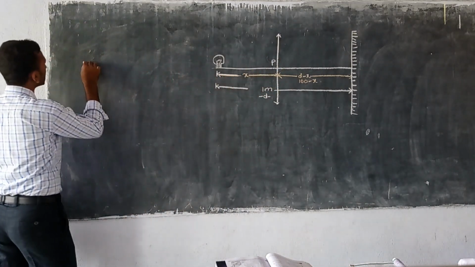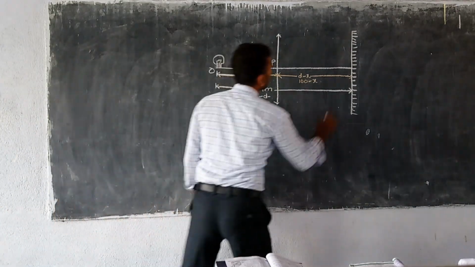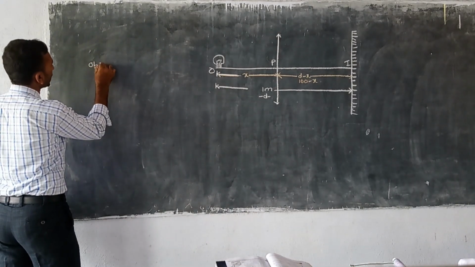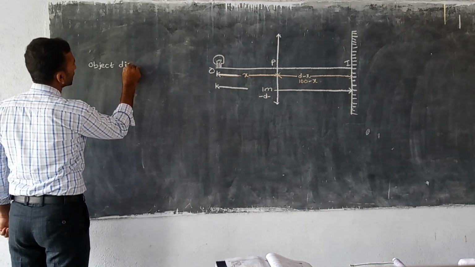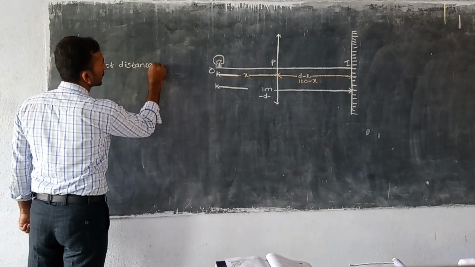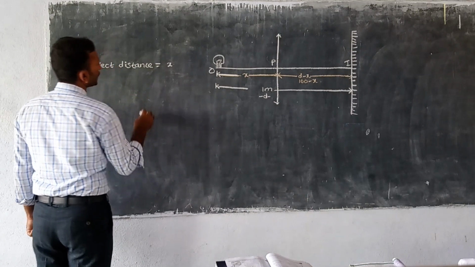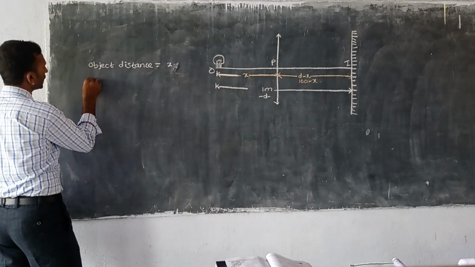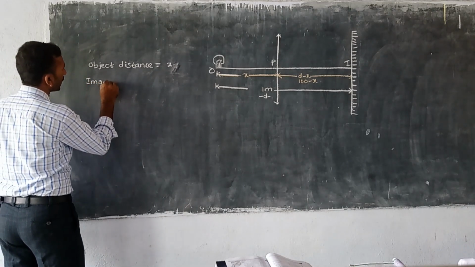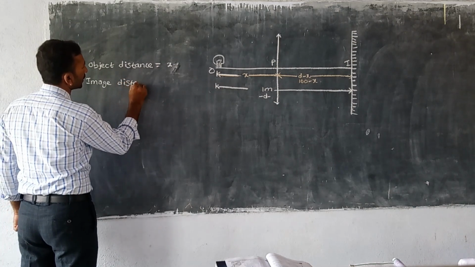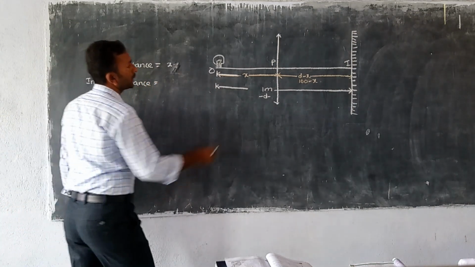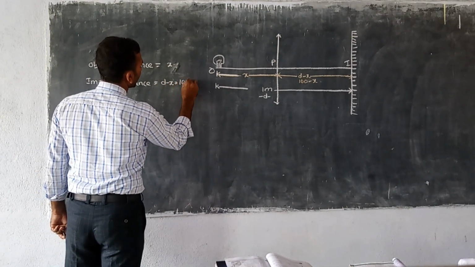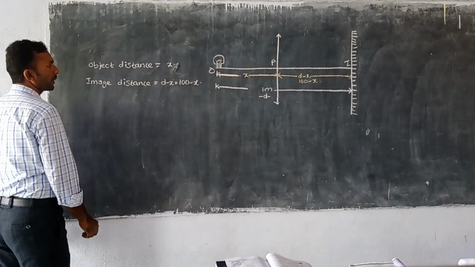Object distance equals x centimeter, and image distance is D minus x, which we can write as 100 minus x.